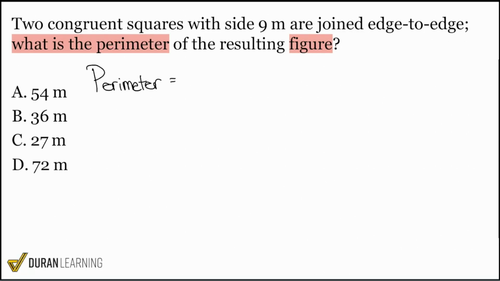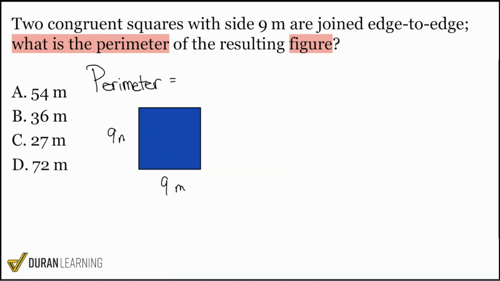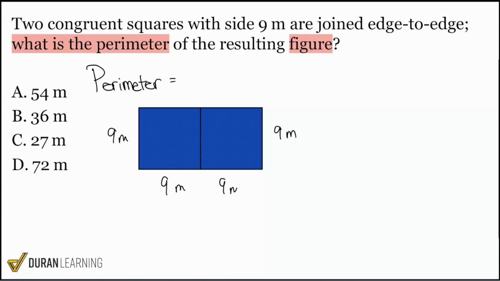Similar premise. It says two congruent squares, so two squares that are the same, with a side length of 9 meters are joined edge to edge. We can draw this out like we did before. If we have this square here that's 9 meters on each side, and we connect it with another square of the same exact size, we're going to have 9 meters there and 9 meters there.